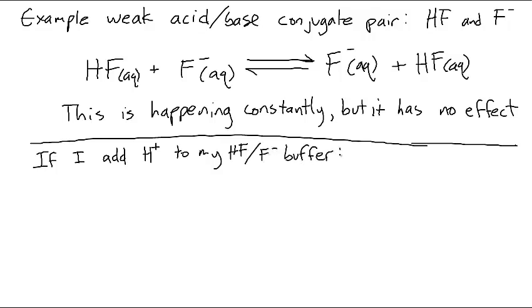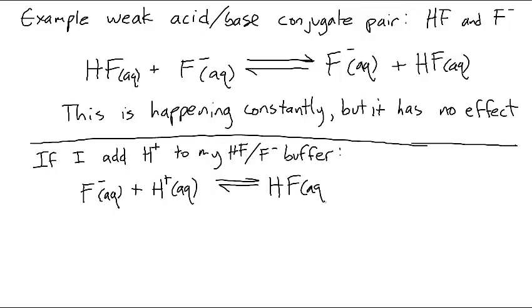Whose job is it to meet that acid? The F minus. So this is the reaction that's going to happen. F minus plus H plus makes HF. So essentially, when I add excess acid, it'll use up some of the F minus and it'll make more HF.